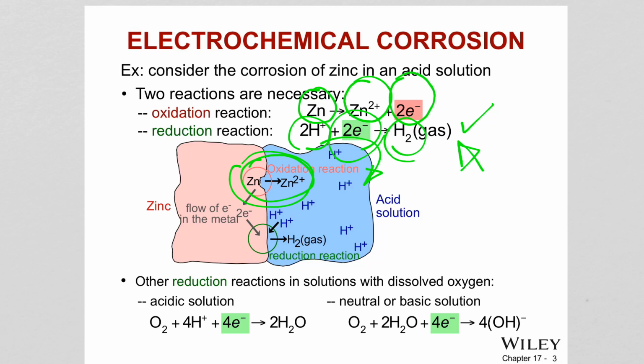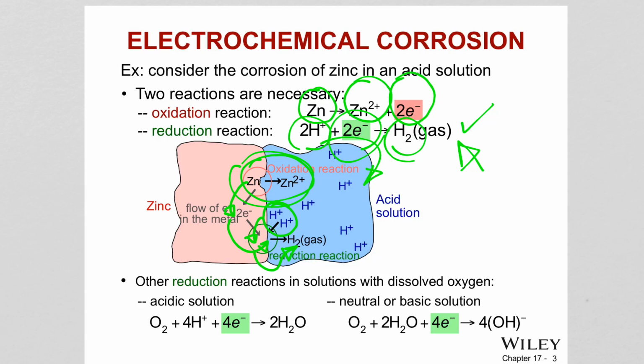Zinc becomes an ion and dissolves into the solution, but when doing that, it is losing its electron to the hydrogen, and from one region of the same material, these hydrogens will come, get those electrons, and form the hydrogen gas, releasing it into the environment.